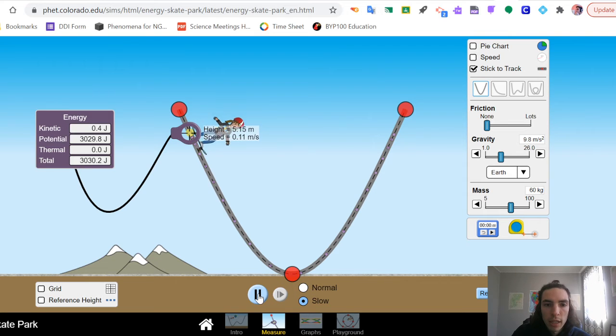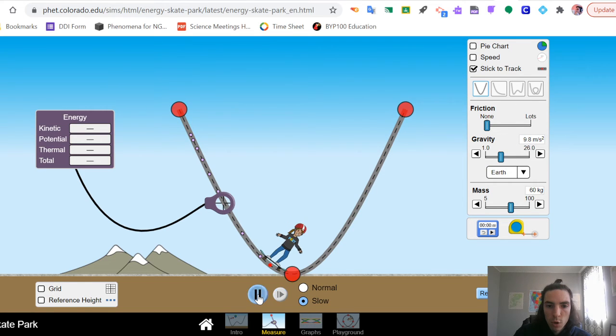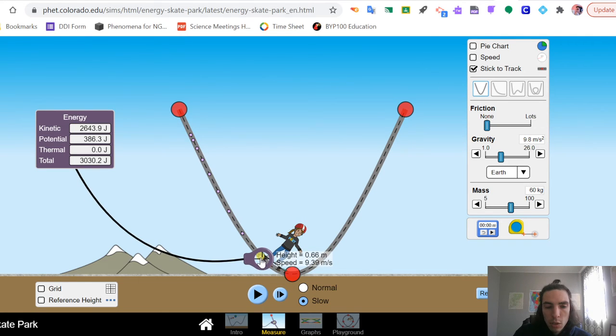Now, if I let this play for another second, you'll notice the potential has decreased. It used to be right around 3000, and the kinetic has increased, but the total of 3030.2 still remains the same. This becomes really useful when we want to know how fast the skater is going to be going at their fastest, at the very bottom of this skate park or ramp.